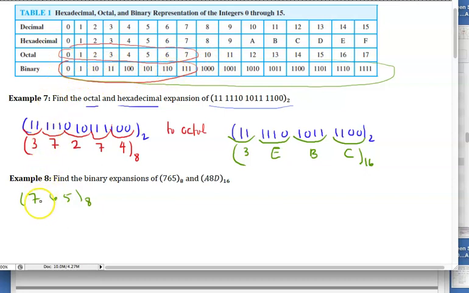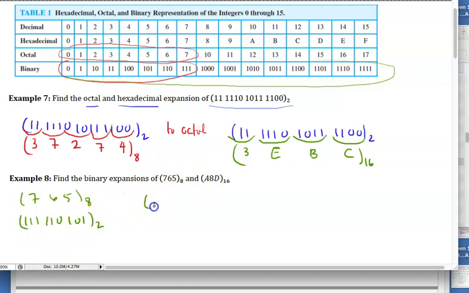If I look at 7 in octal, that changes into 111. And 6 changes into 110. And 5 changes into 101. So that's the base 2 representation.